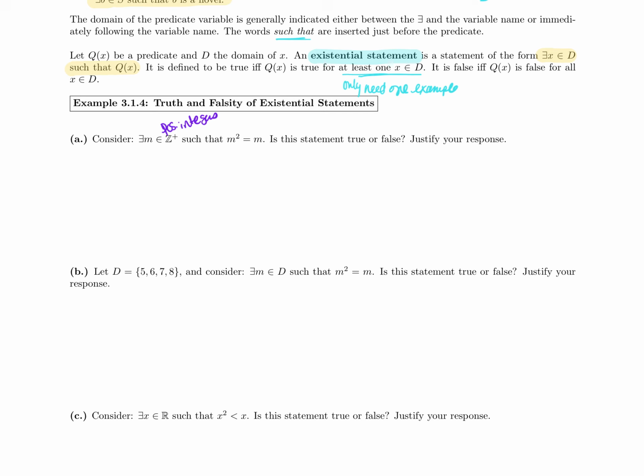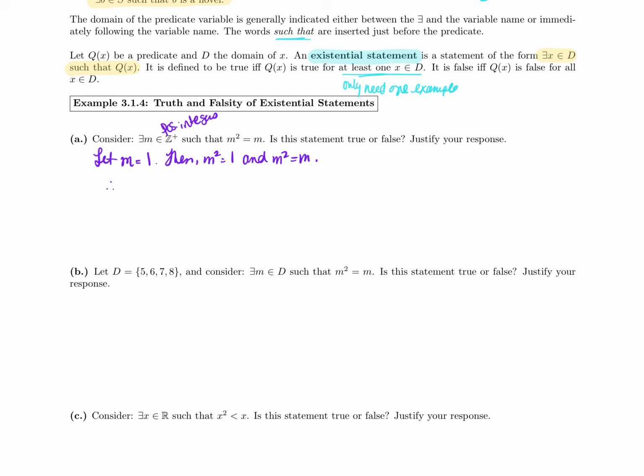So in the set of positive integers, 1, 2, 3, 4, 5, etc., we have an example of at least one number whose square is equal to itself. And I hope you figured out that m is 1. If we let m equal 1, then we know that m squared also equals 1, and m squared then equals m, right?